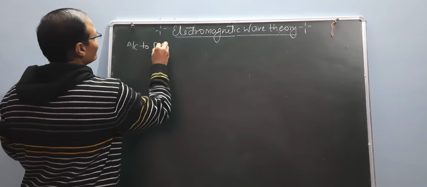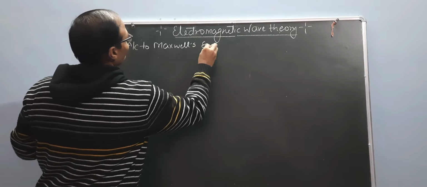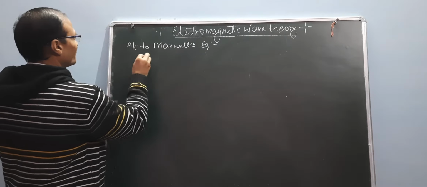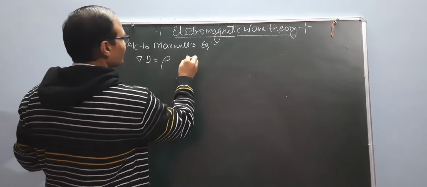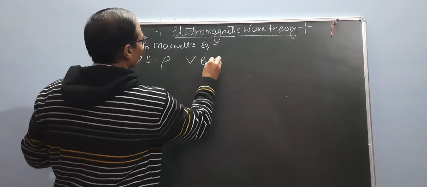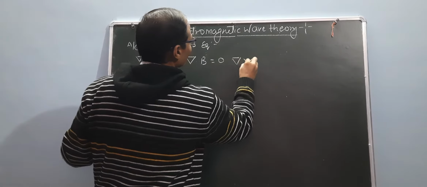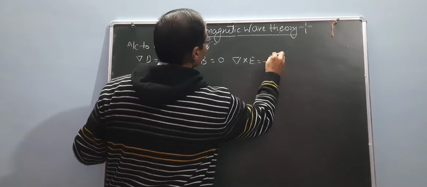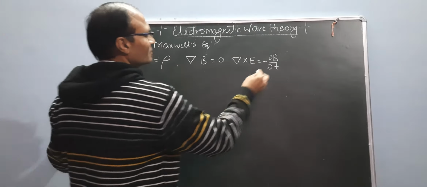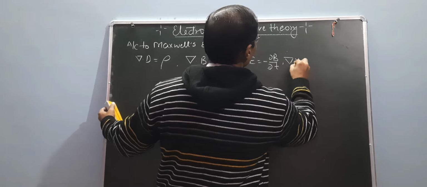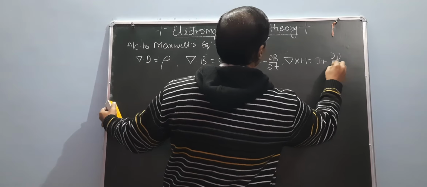According to Maxwell equations, del dot D equal to rho, and the second equation is del dot B equal to 0, and the third equation is del cross E equal to minus dB upon dt, and the fourth equation is del cross H equal to J plus del D over del t.